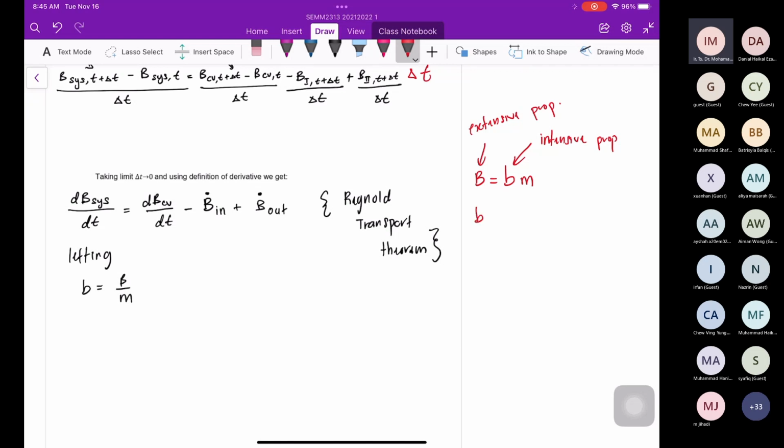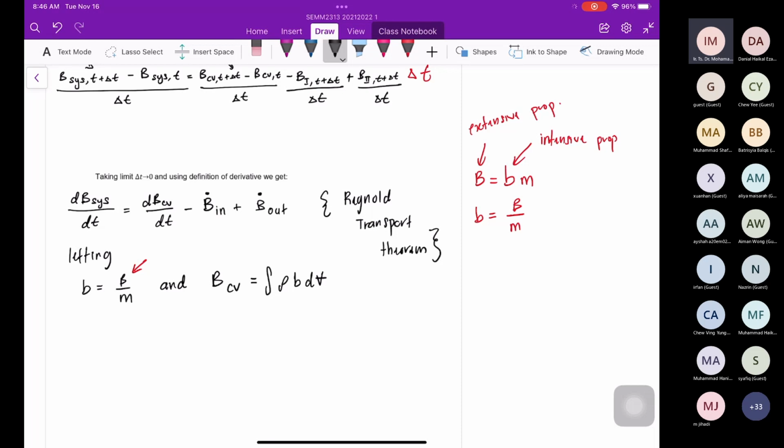So in order to get b, the intensive property, B is divided by mass. And B of control volume is the change of B inside the control volume. This is the integration of rho b dV.